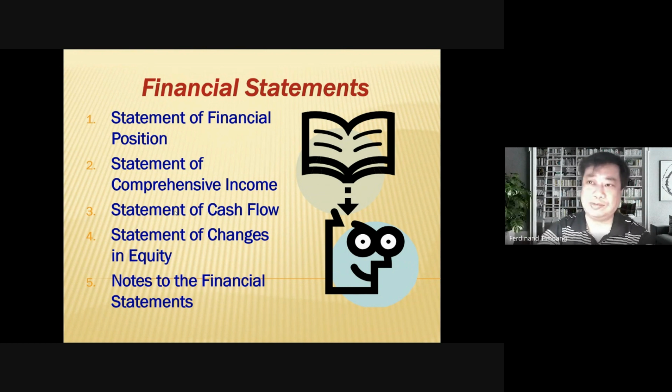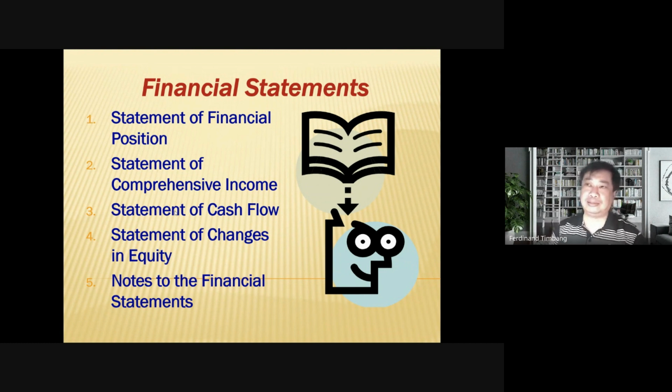Then second, we have the statement of comprehensive income, no? Yung comprehensive income natin naman na to, pinapakita yung net income or net loss of the company. So nandyan yung revenues, nandyan yung expenses, and then of course, the difference, no? If the revenues are greater than the expenses, then it is a net income.